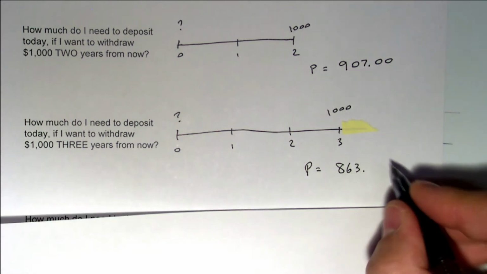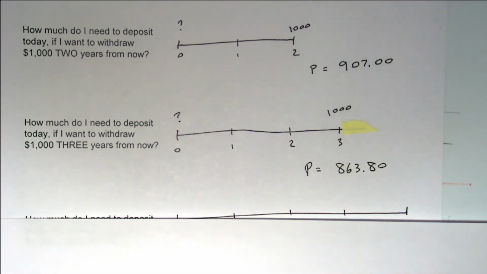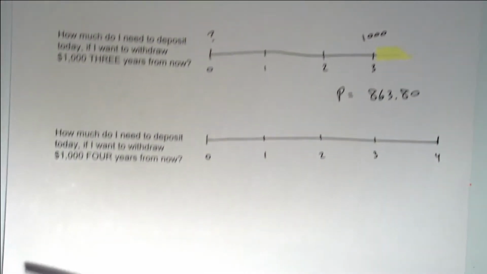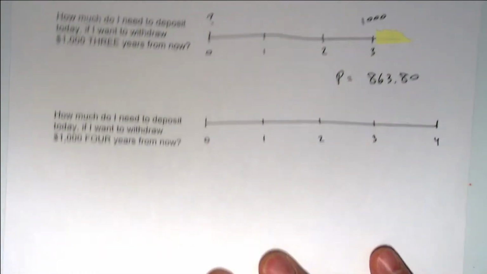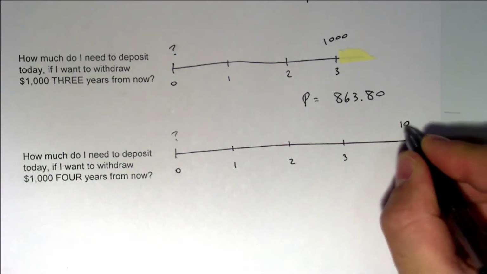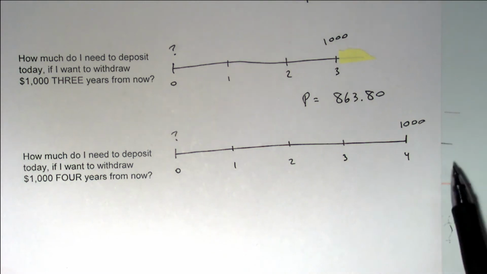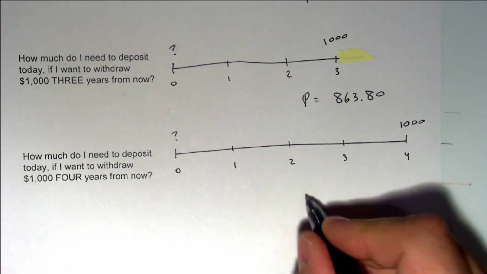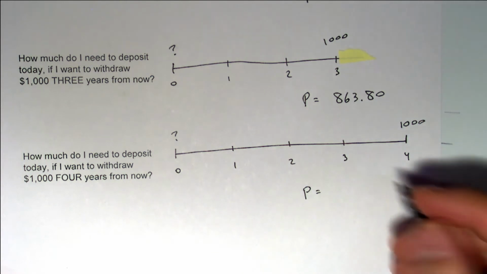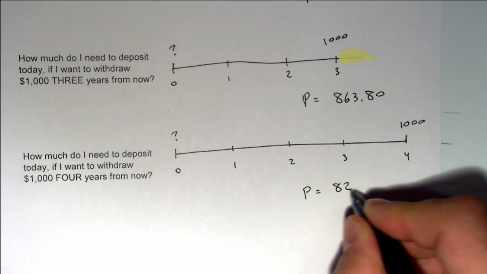Yep. Awesome. Group 4, what I'm asking you is, how much do I need to deposit today if I want to withdraw $1,000 in year 4? And your present value is, Michael? 822.70.